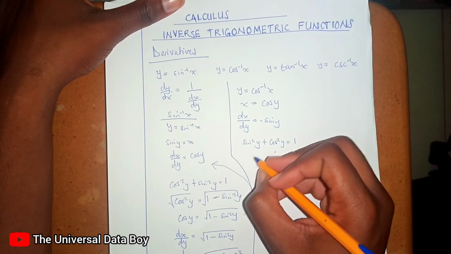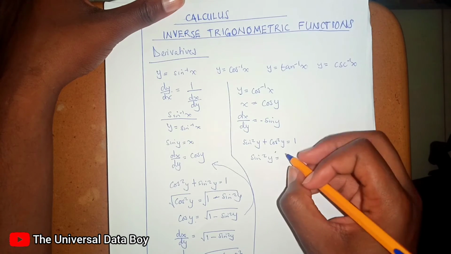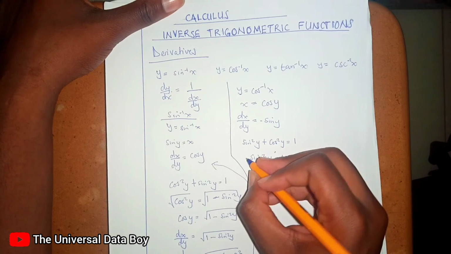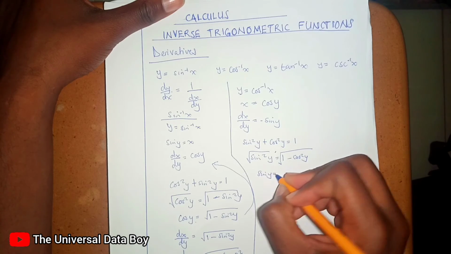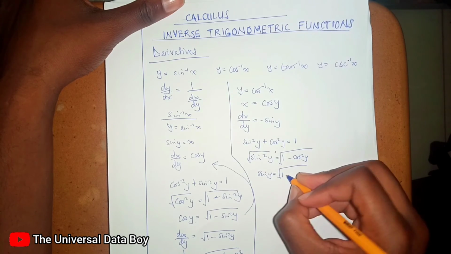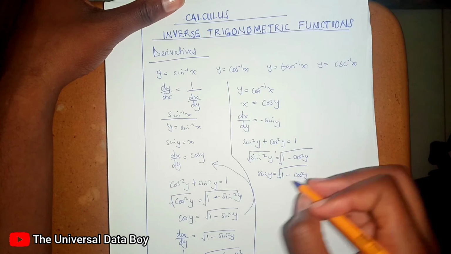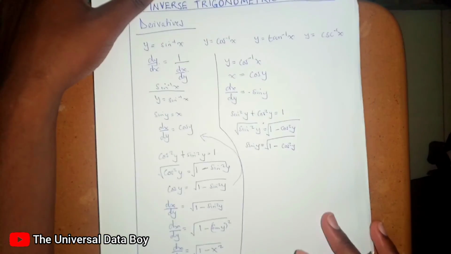So sine squared y is equal to 1 minus cosine squared y. When we take the square root, we're going to have sine y being equal to the square root of 1 minus cosine squared y. So now where there is sine y, we can put whatever we found there.